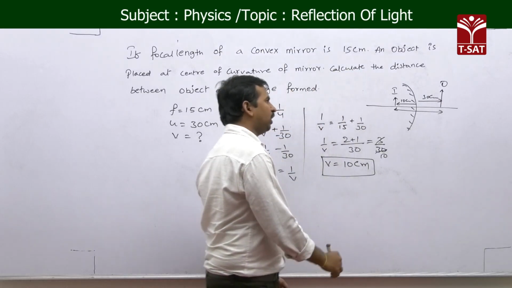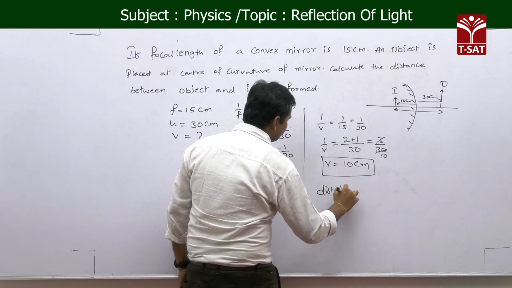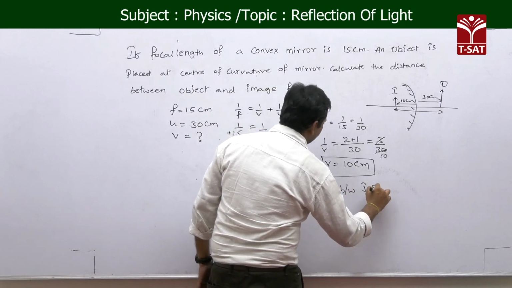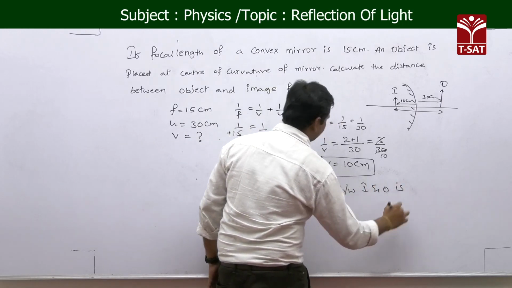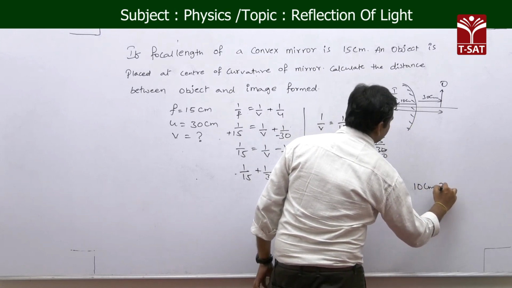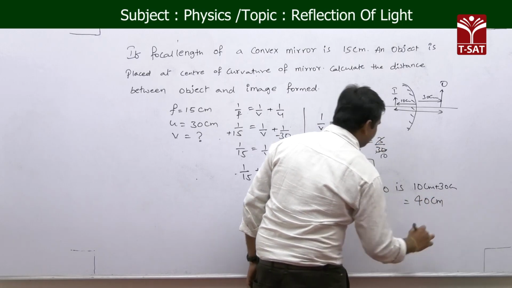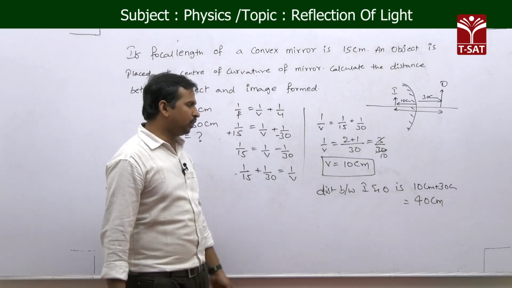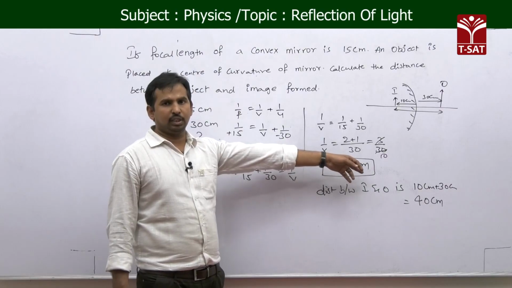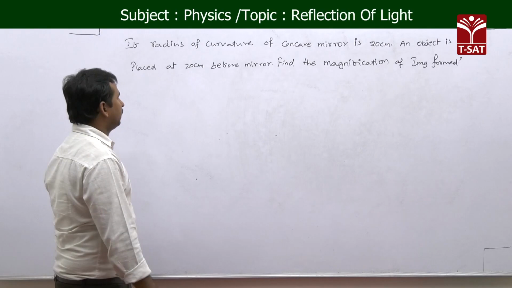Then the distance between the object and the image is 10 centimeters plus 30 centimeters. In total it becomes 40 centimeters. That is the distance between image and object. Okay, now I think you have understood. Now see the next one.